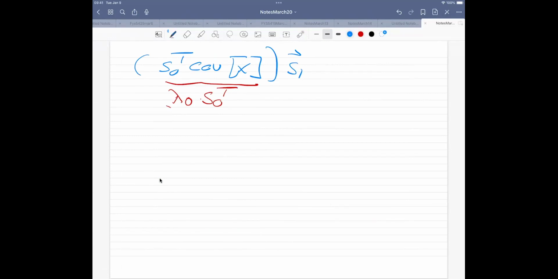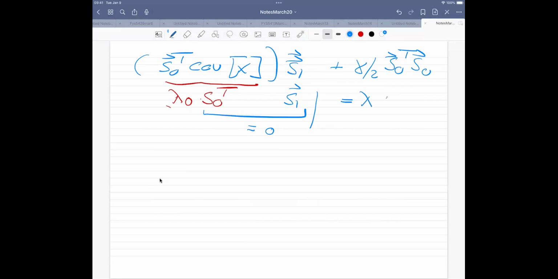And this is then multiplied with S1. And you see now that these are defined to be orthogonal, so that should be equal to 0. Then I get plus gamma divided by 2 times S transpose times S0. I should put vector signs here because these are vectors. And this should be equal to lambda 1 times S transpose times S1.